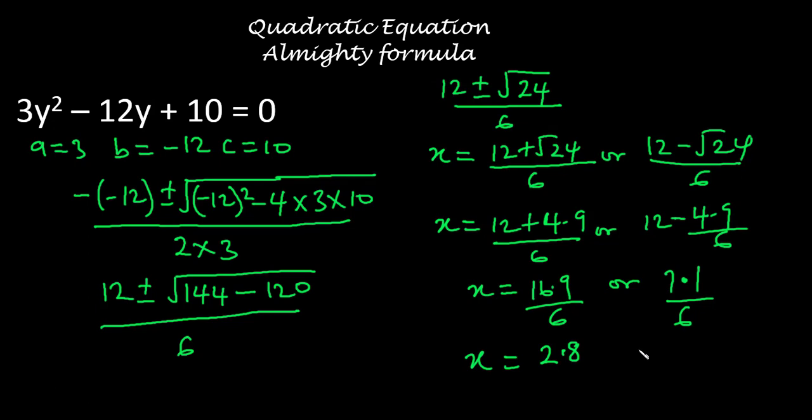So let's leave it at that. Or well, if we want to continue, so remember 16 over 6 is 2, and so 2.81. So let's take a look at this, 7.1 over 6 is 1, remainder 1, and so 1.18.